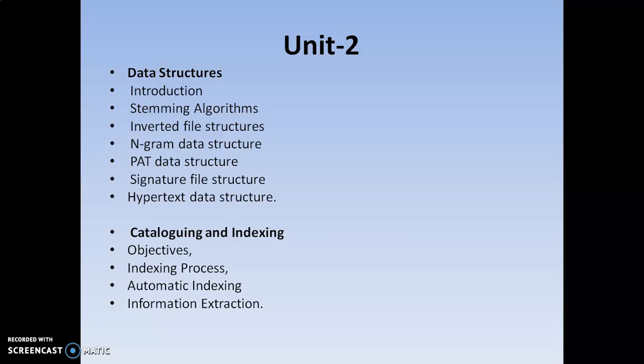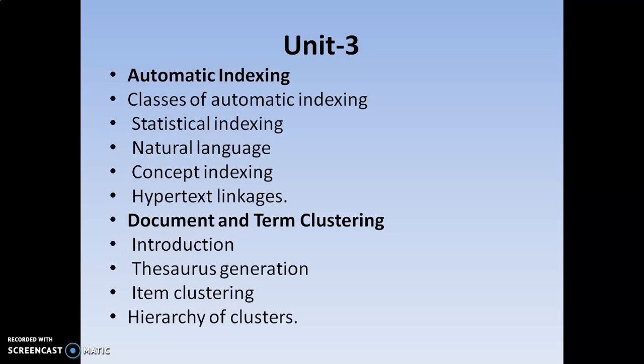Now we are going to discuss unit 3. Again, unit 3 is divided into 2 subsections: automatic indexing, and document and term clustering. In the automatic indexing subsection, we have classes of automatic indexing, statistical indexing, natural language, concept indexing, and finally hypertext linkages.